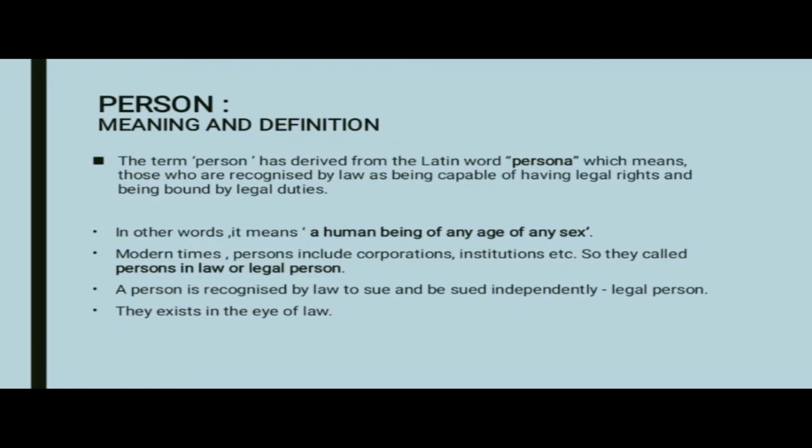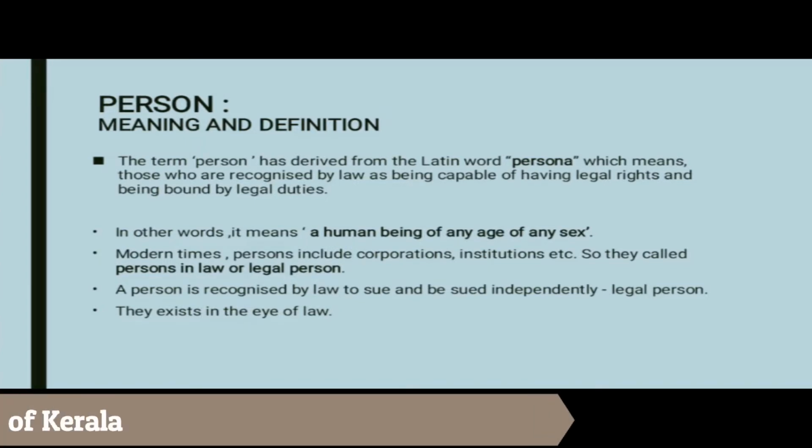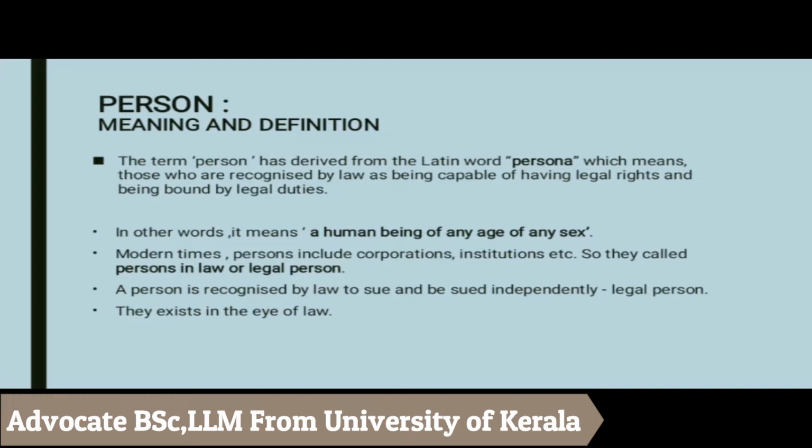In modern times, person includes corporations, institutions, universities, etc., known as person in law or legal person. One of the most important and desirable characteristics possessed by the legal person is that they can sue or be sued independently, and they exist in the eye of law. That's all about the meaning of person.